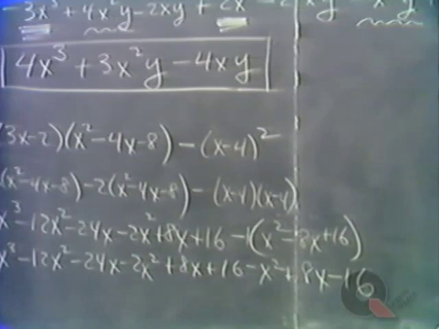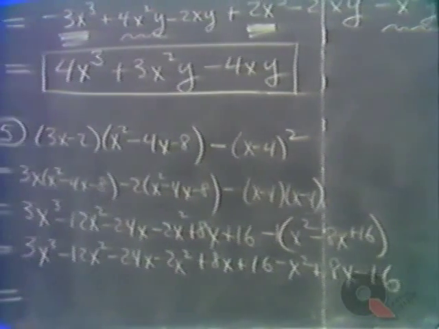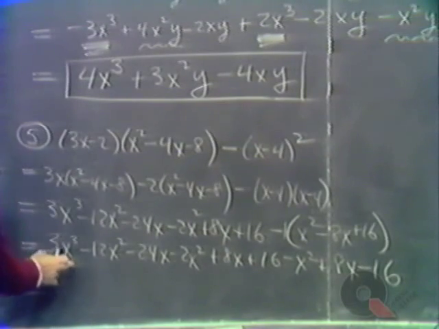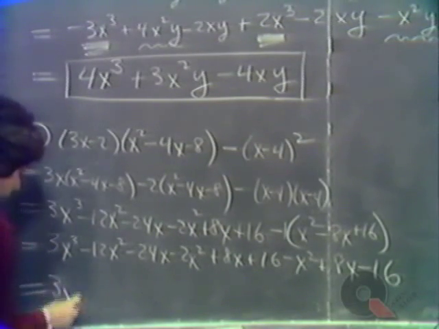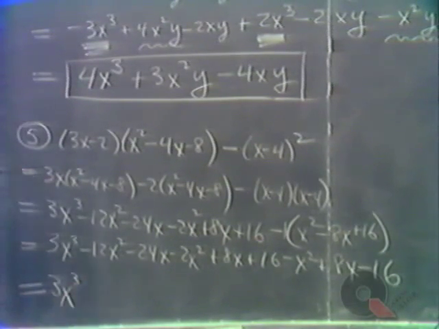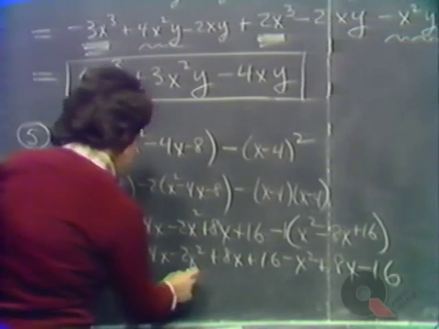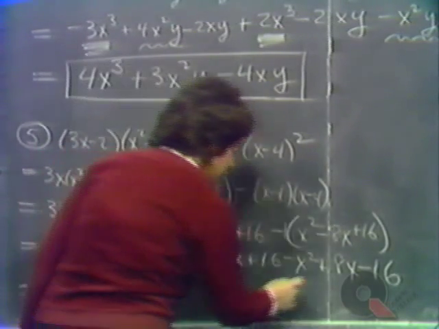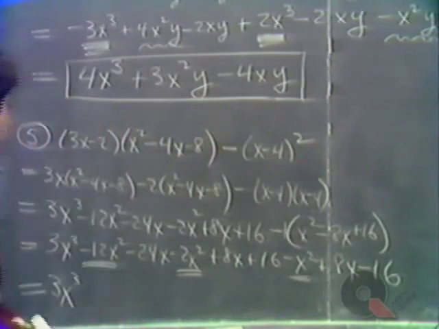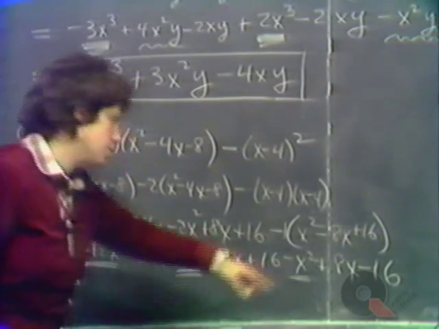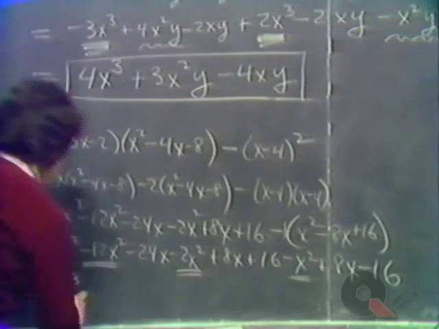Now we're looking to combine like terms. We have only one term involving x cubed, this first term here, 3x cubed. Now let's see what we have for x squared. We have a minus 12x squared, a minus 2x squared, and a minus 1x squared. Minus 12 and minus 2, minus 14, minus 1, minus 15x squared.